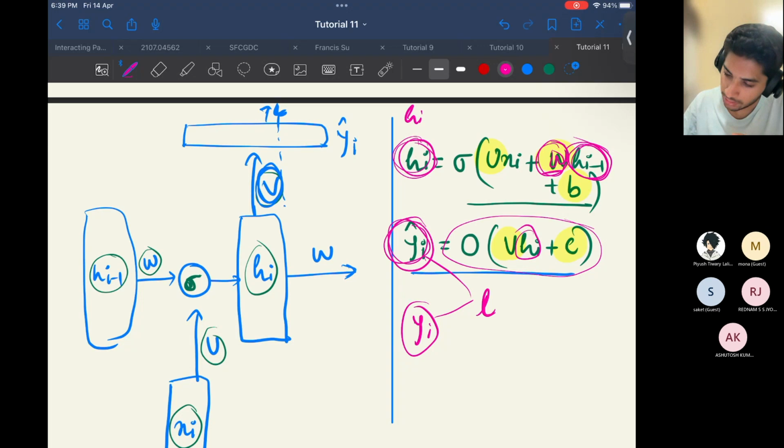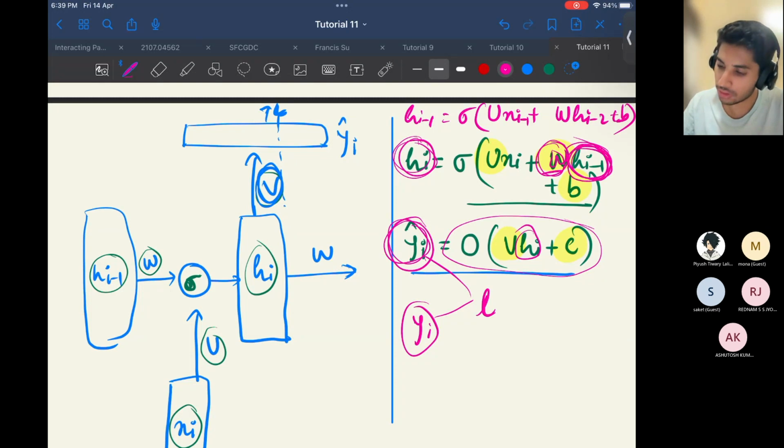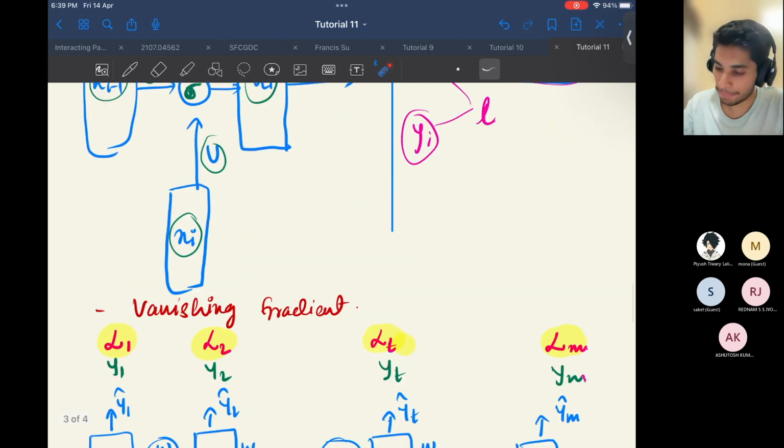Hi minus 1 will also have some similar formula, sigma of U xi minus 1 plus W times Hi minus 2 plus B. Something like this will be there. So Hi minus 1 also has some component of W, and this W is already there, right? So this is where we start facing a problem.